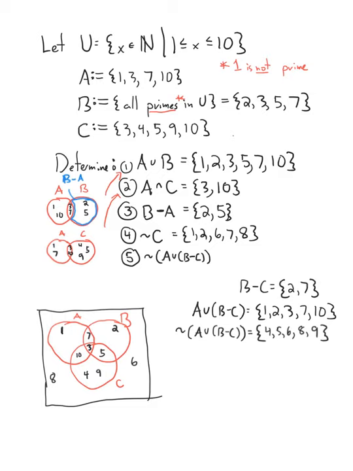So this is how the Venn diagram for these 10 numbers looks, and these sets. So hopefully you get an idea for how intersection, union, set difference, and complements and universes work.